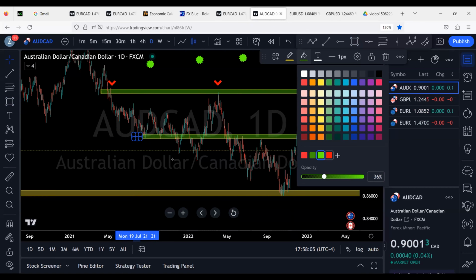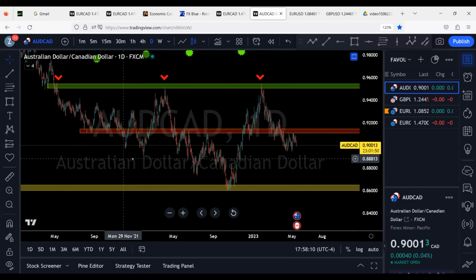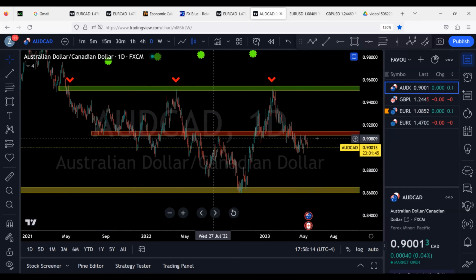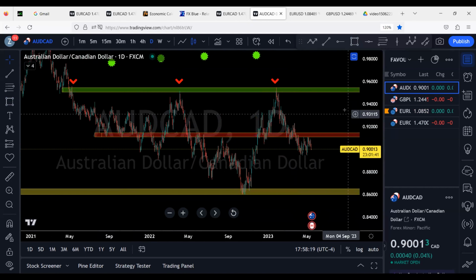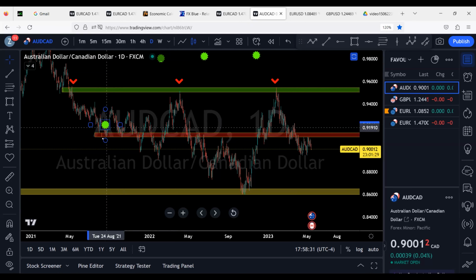What about that area? What can you see at this area? Drop it in the chat or unmute. What do we have at this area? Support and resistance touches. Good, good. Yes, we have right here. What would you call here?